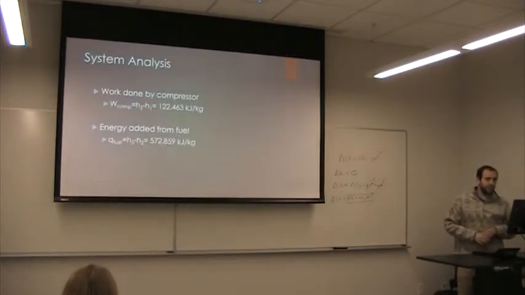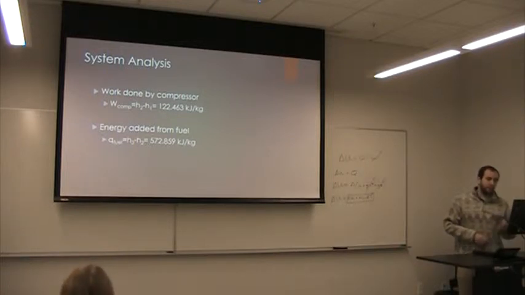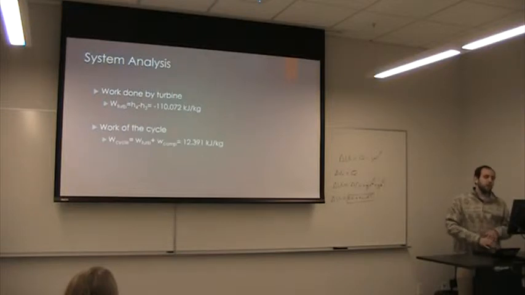So using the enthalpy to find the work for the compressor, H2 minus H1 was found to be about 122 kilojoules per kilogram. Energy added to the fuel, enthalpy difference again, 573-ish kilojoules per kilogram. The turbine work was about, again enthalpy difference, negative 110.